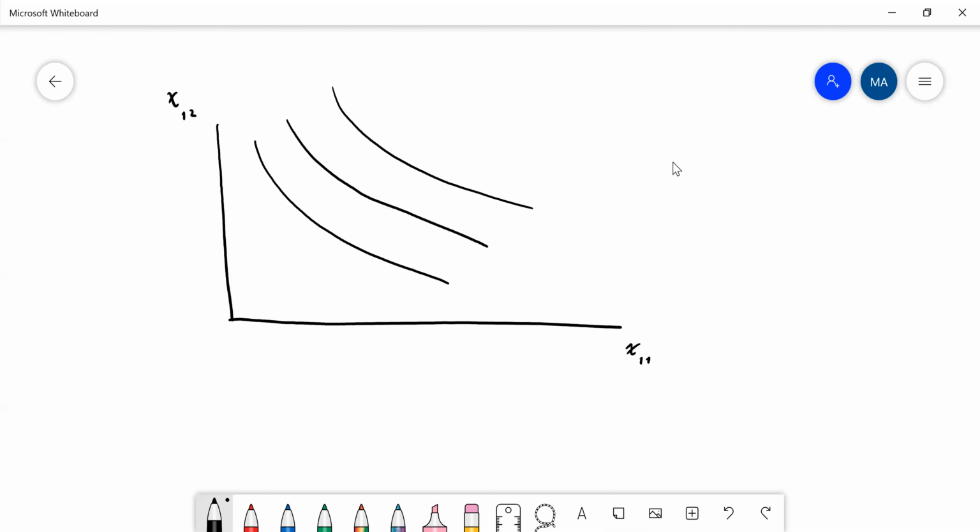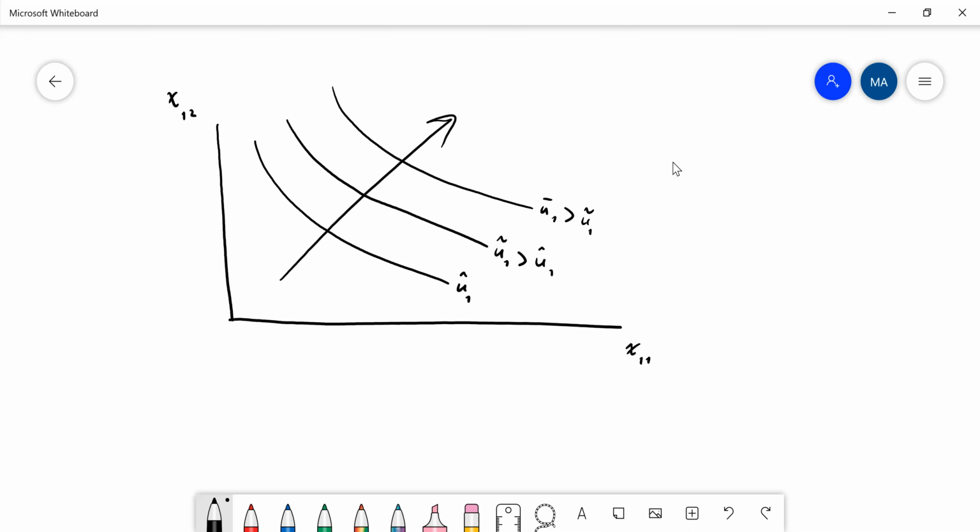So these are utility functions. So U1 hat, U1 tilde, U1 bar, that goes like this, right? U1 tilde greater than U1 hat, U1 bar greater than U1 tilde. Okay, so utility increases in this direction.